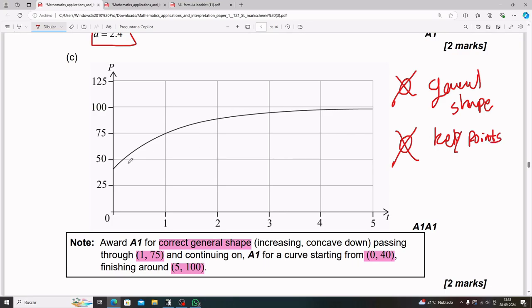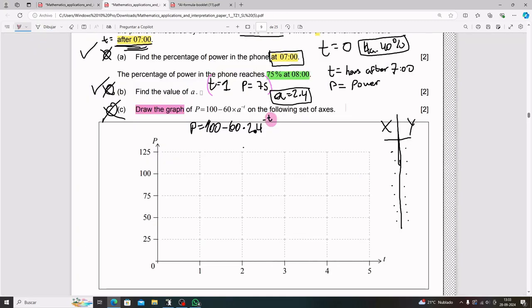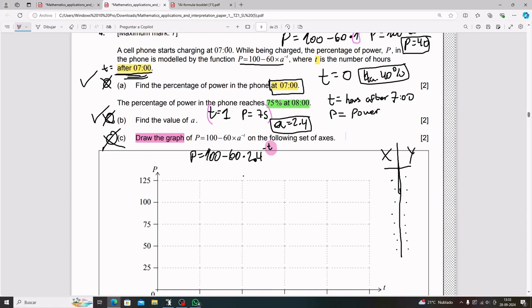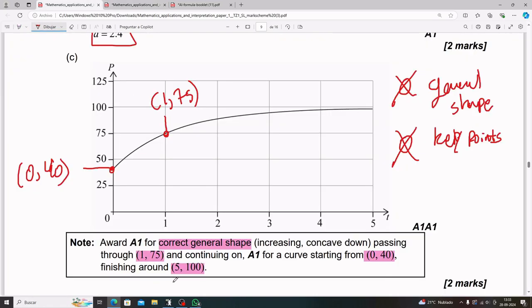So what I would have done here is quite literally put the point 0,40 right onto my graph. I would put the point 1,75 because we found it earlier, ¿cierto? They gave it to us right here with what's in green, ¿cierto? And well, this last part is a little more advanced, but just putting a couple key points is going to give you full credit. See? So popping the general shape and putting the key points makes sure that you get easy points on the graphing section.